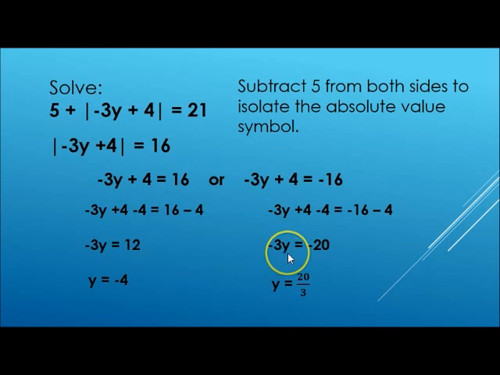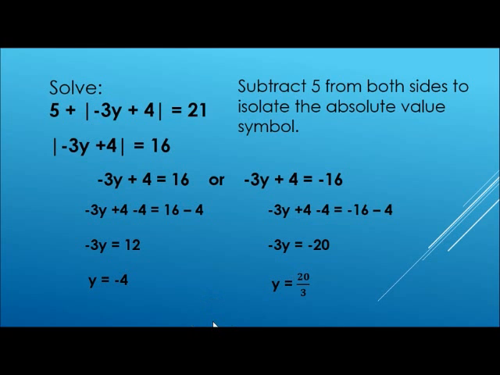And because I want y alone, I'm going to divide both sides by negative 3. The negative 3's will cancel here, leaving y alone equal to, that's supposed to be a negative 20 over 3. So pardon me, but let me just draw it in real quick with red, a negative 20 over 3.